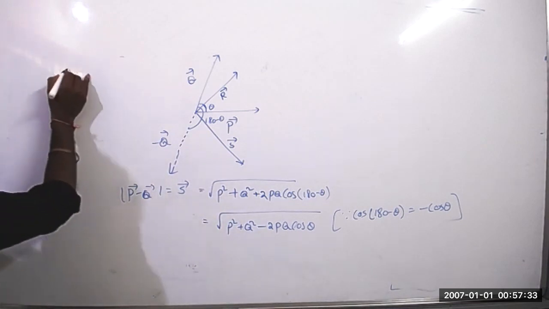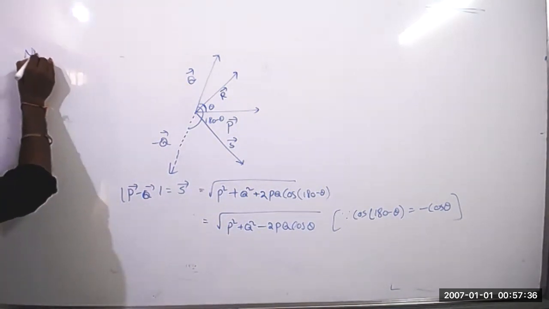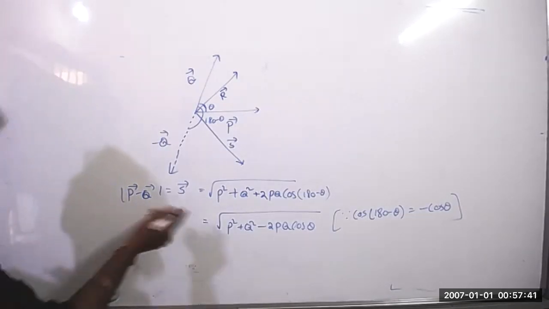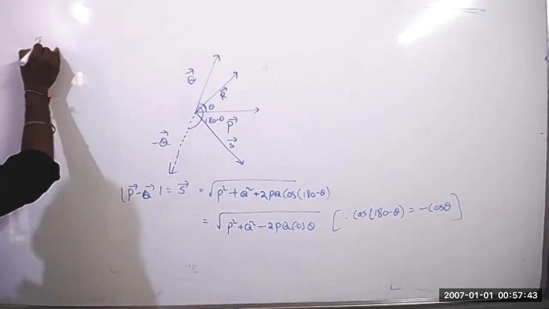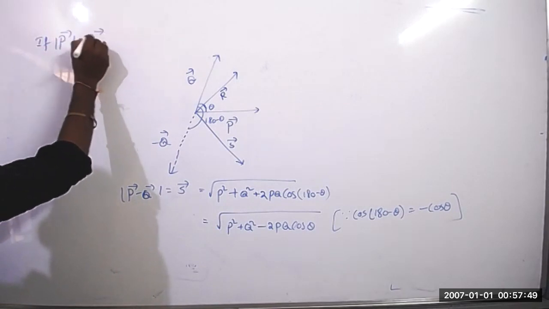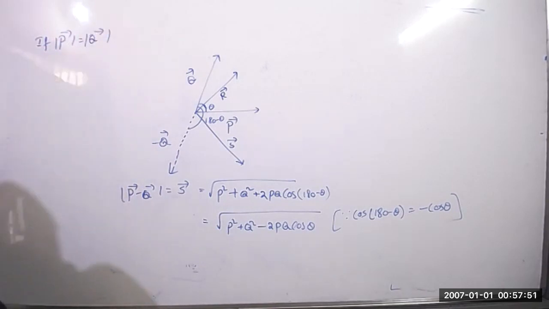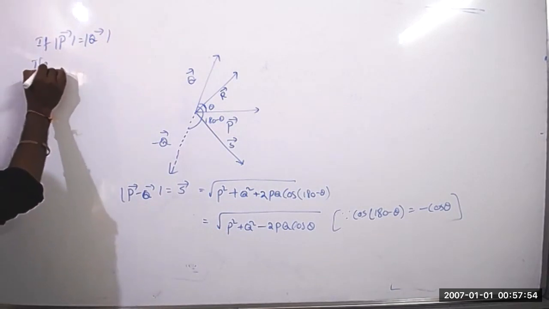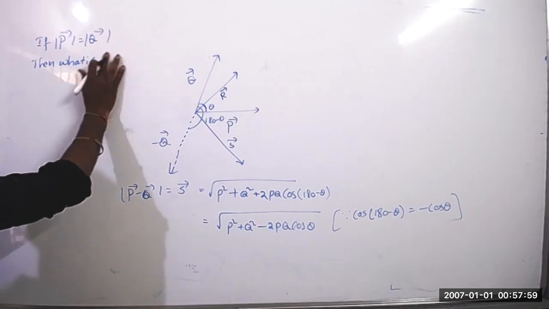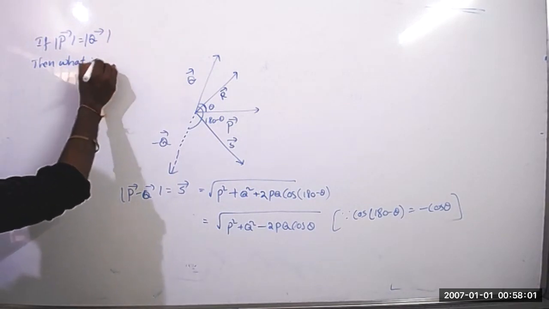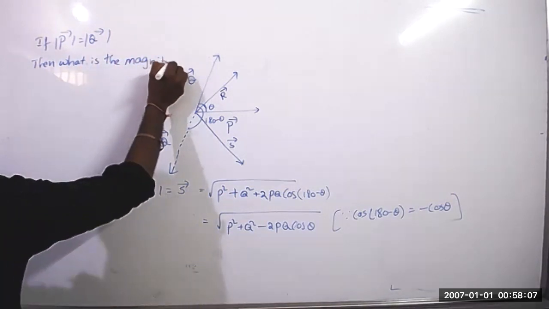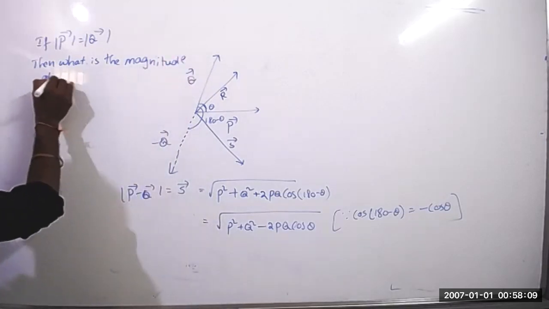After you have written that, tell me: if P bar is equal to Q bar, then what is the magnitude of S bar?